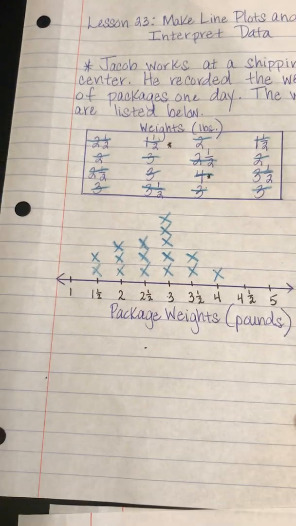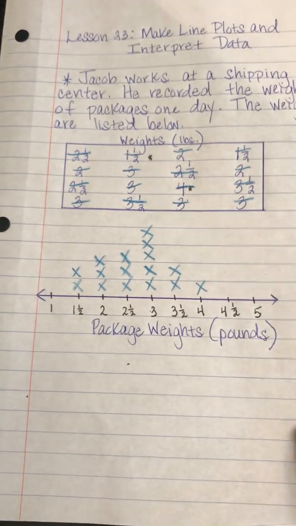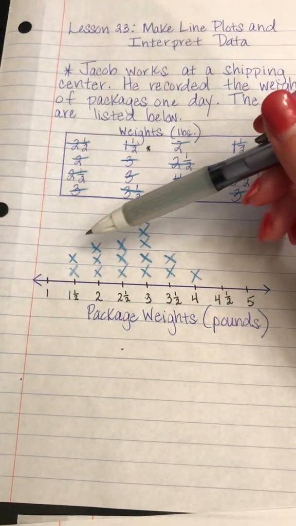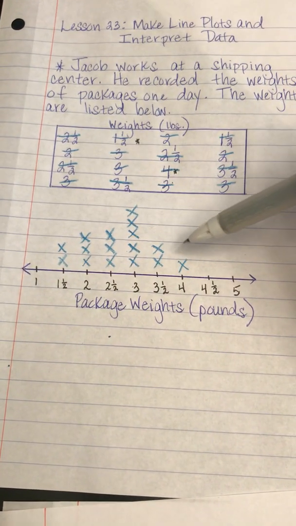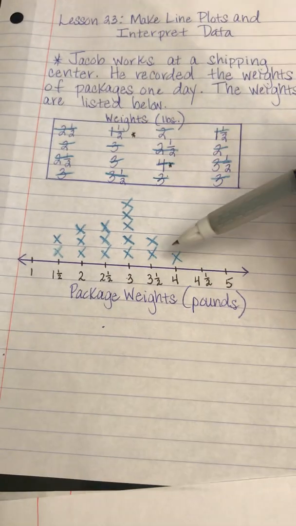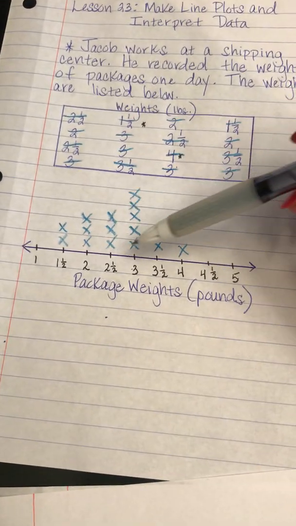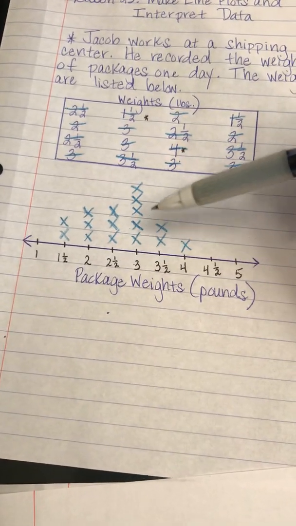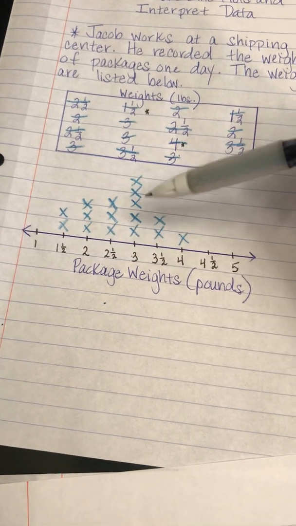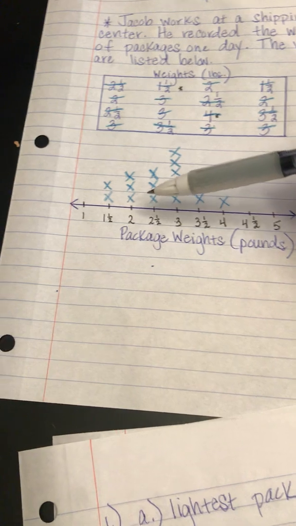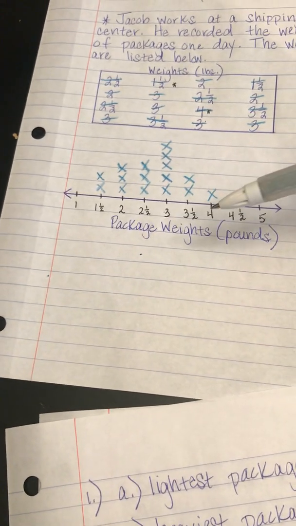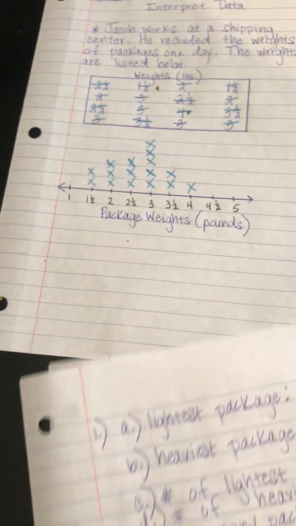So you're just looking at it, and you can see that it has this almost triangular shape. Do you see that? And most of our weights are in this area here. So most of the weights of our packages fell between the 2 pound to the 3 pound region.